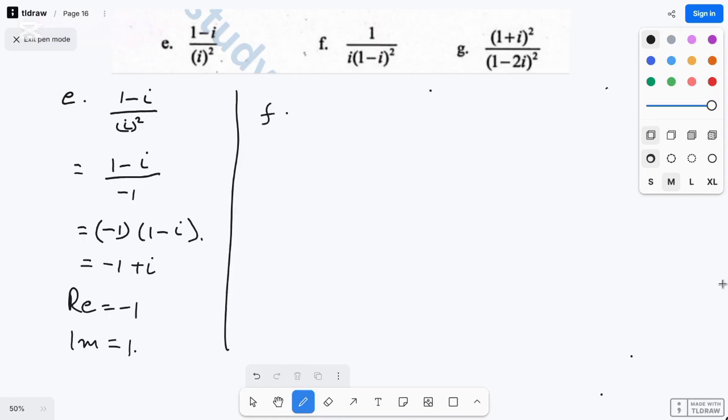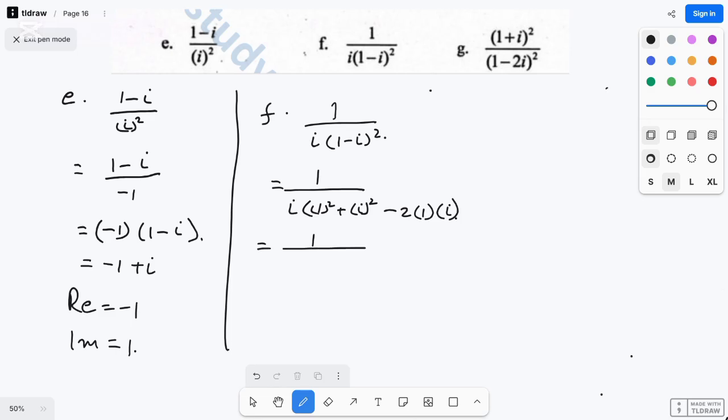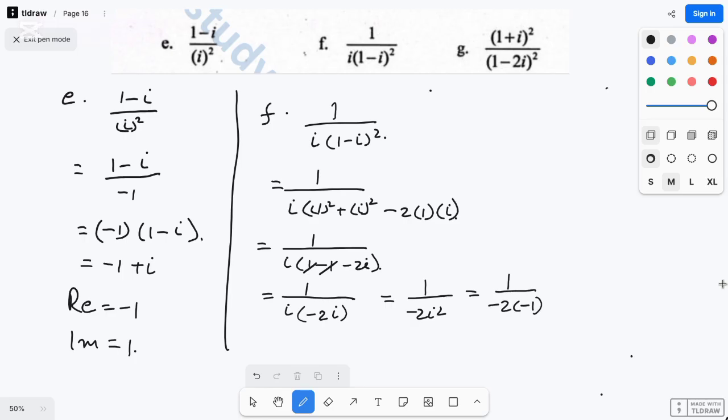Section F, 1 by iota into 1 minus iota whole square, equal to 1 by iota into... first we will solve the bracket: 1 squared plus iota squared minus 2 into the first term and the second term. 1 by iota into 1 plus iota squared, that is minus 1, and minus 2 iota, equal to 1 by iota into 1 minus 1 cancels out, we are left with minus 2 iota, and this is equal to 1 by minus 2 iota square, which is equal to 1 by minus 2 into the value of iota square, that is minus 1, which is equal to 1 by minus into minus plus 2.